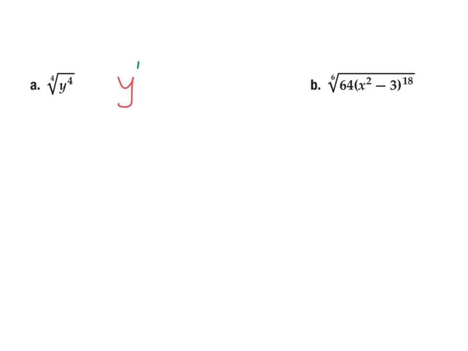Now, here's the reason why. We do not know whether y is positive or negative. We don't know what it represents because it's a variable. So it could represent any number. The one thing we don't know is if it's negative or not. And if y is negative, we have a problem. Because you can't take the square root or the 4th root or the 6th root or the 8th root of any number and spit out a negative.